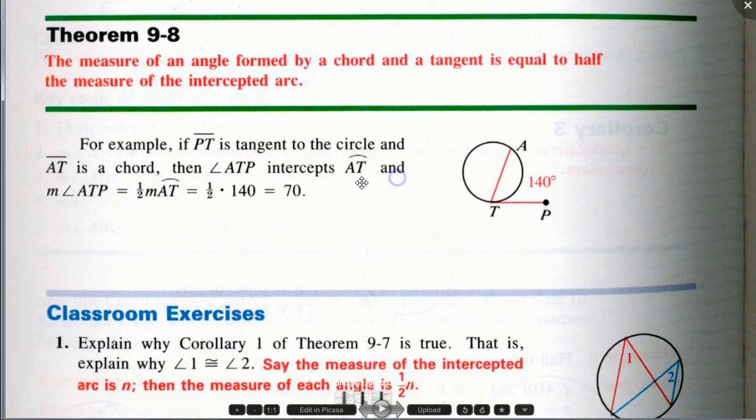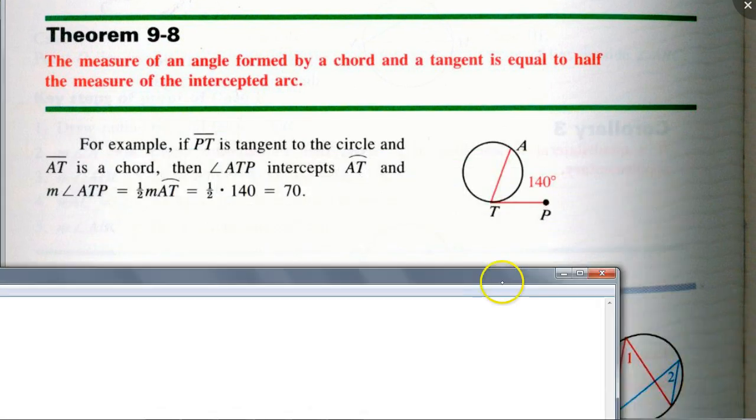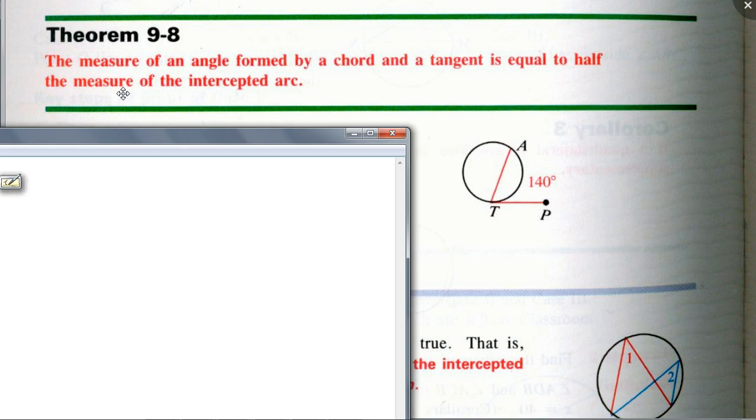But here is the theorem, as we just talked about. The measure of an angle formed by a chord, AT, and a tangent. You see how they form an angle? The chord and the tangent meet at T right here. The measure of an angle formed by the chord and the tangent is equal to, just like the other theorem, half of the measure of the intercepted arc.